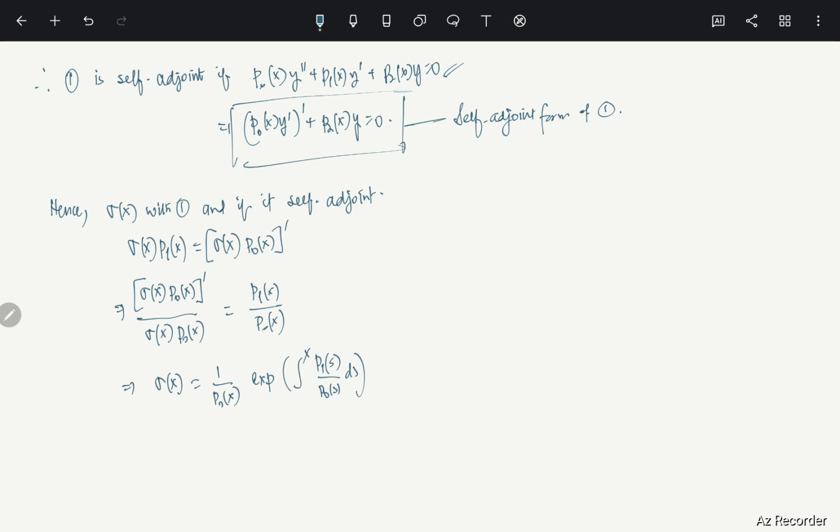So if this is the integrating factor, when you multiply it with your equation, it will actually make 1 exact. So hence the sigma given above turns 1 into its self-adjoint form.